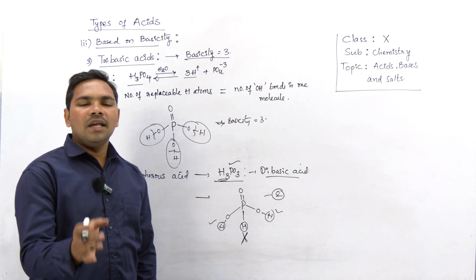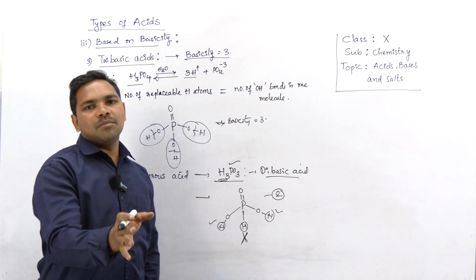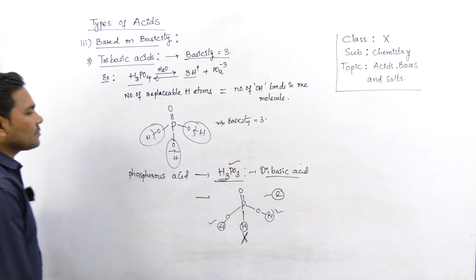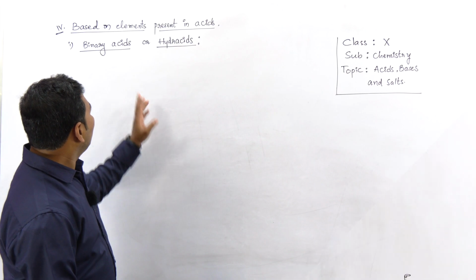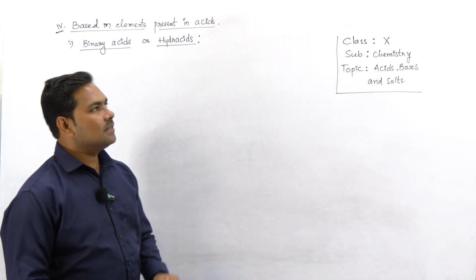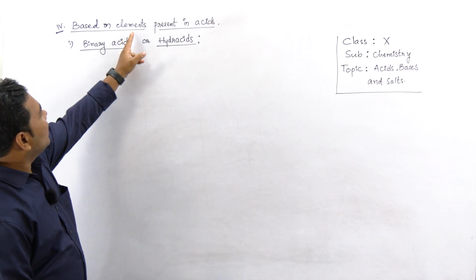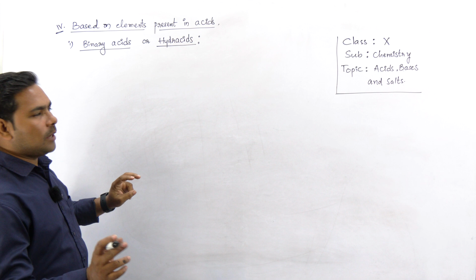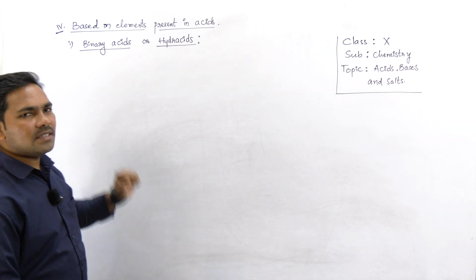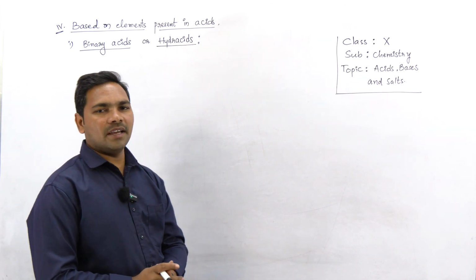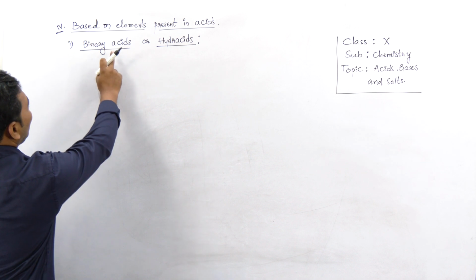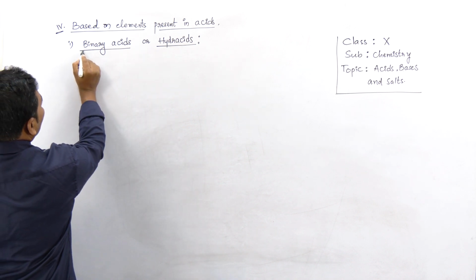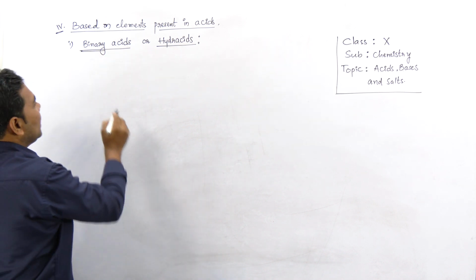Now let us look at another category of acids. It's based on the nature of the elements present in it. This category is divided into two types. One is binary acids, the second one is ternary acids. Let us see binary acids first.